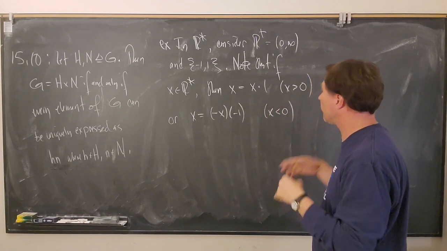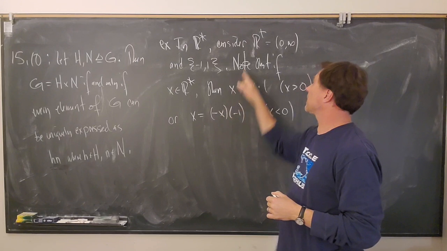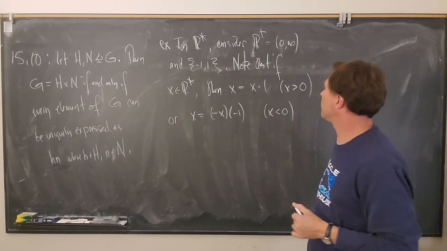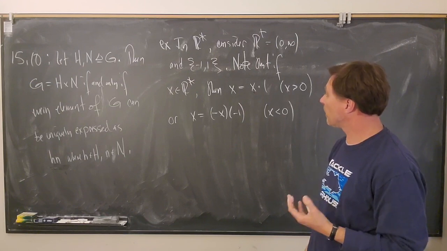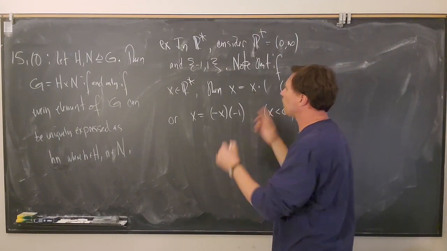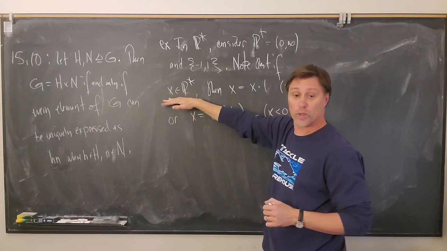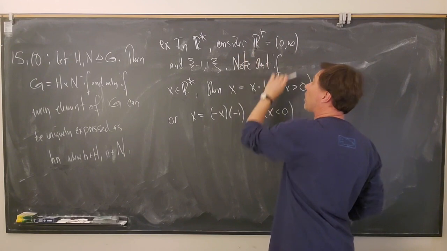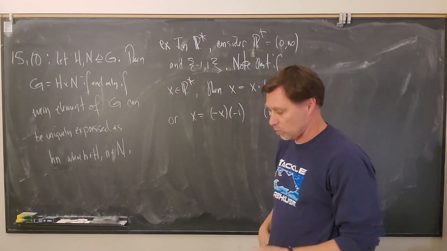If x is negative, then minus x lives in R plus, and if x is positive, then x lives in R plus. So what that tells us is that we can express any non-zero real number, uniquely, as something from R plus and something from plus or minus 1.